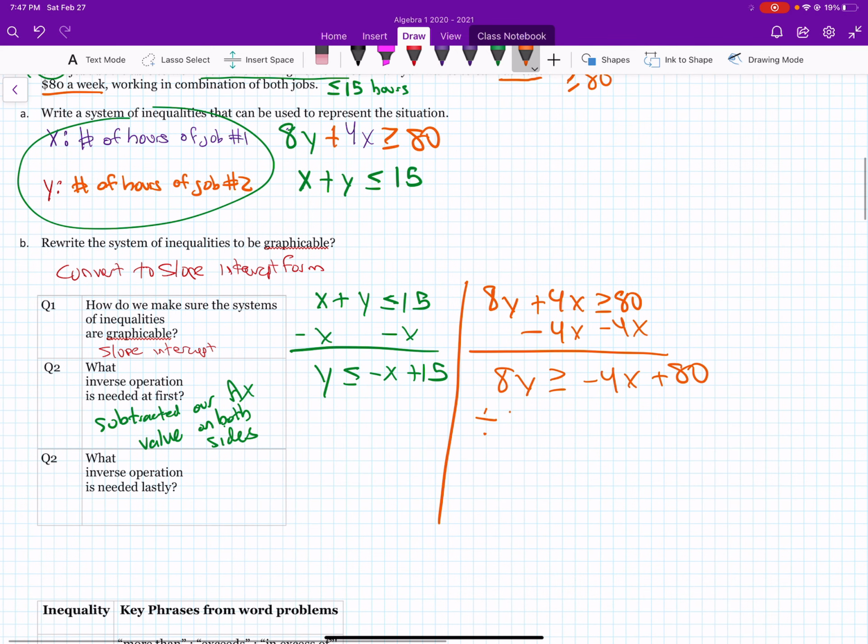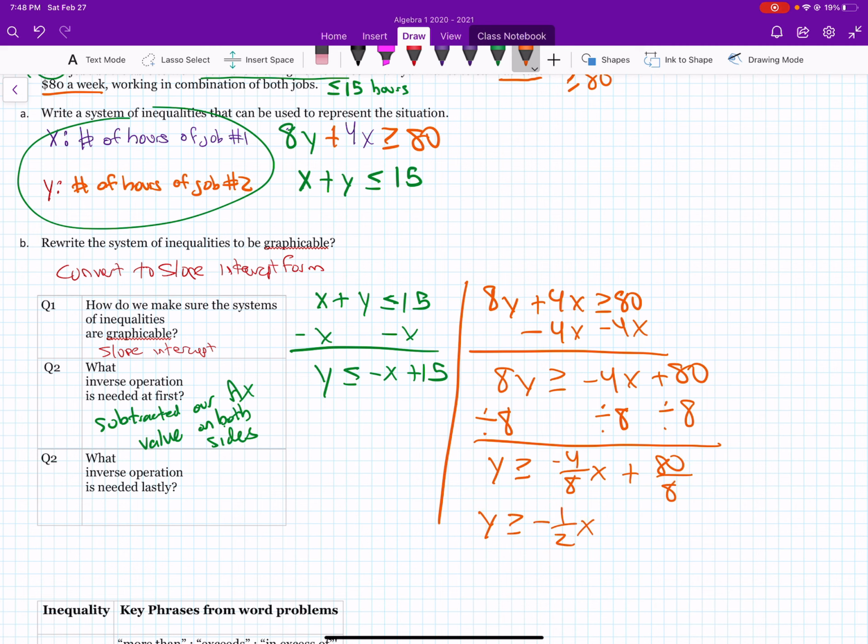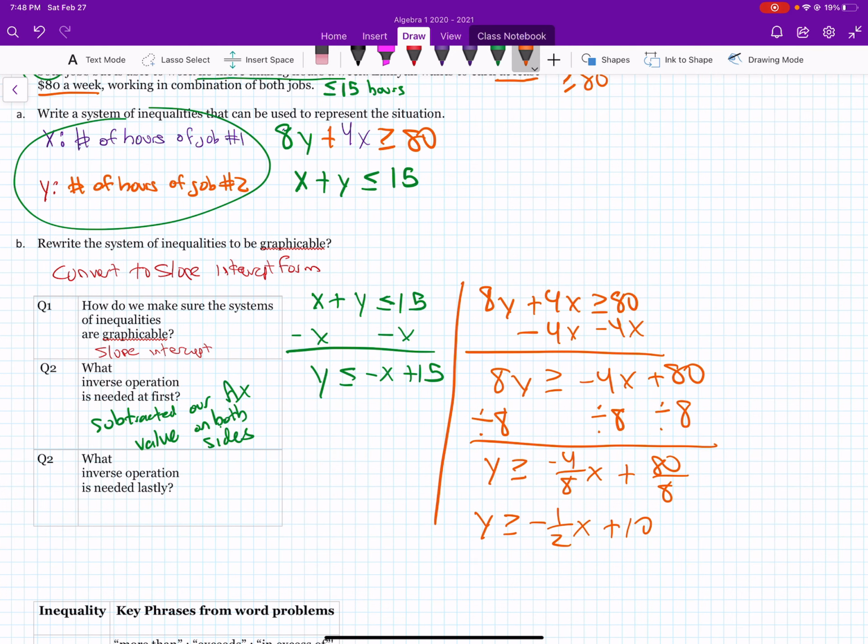And then we're going to divide. We're going to divide that coefficient on both sides of the inequality: negative 4 over 8x plus 80 over 8. Or if we simplify it, negative 1/2 x plus 10. So here, the first step, we subtracted, and then we divided, and then we simplified.